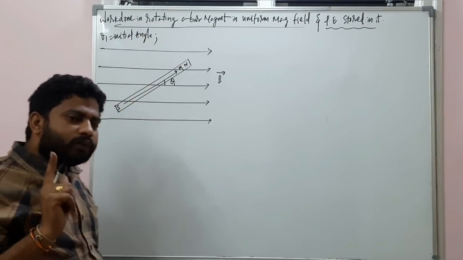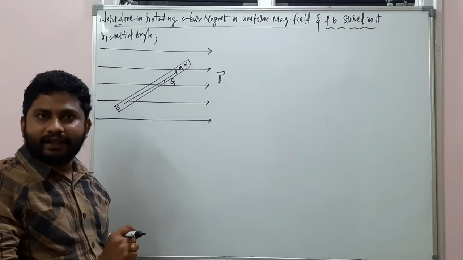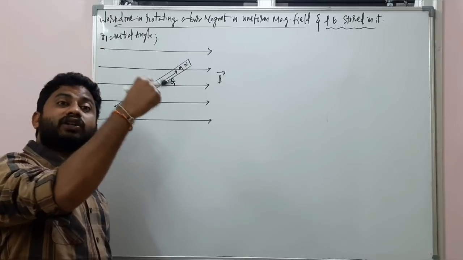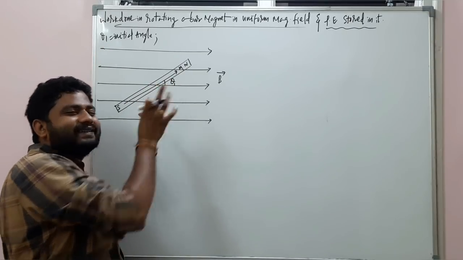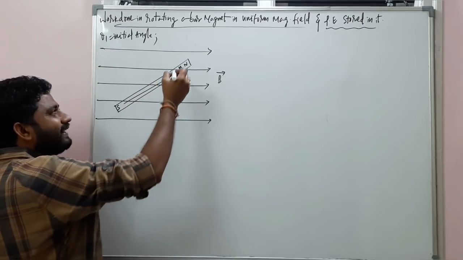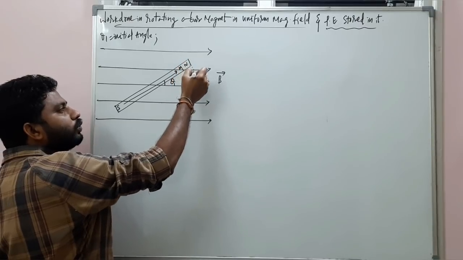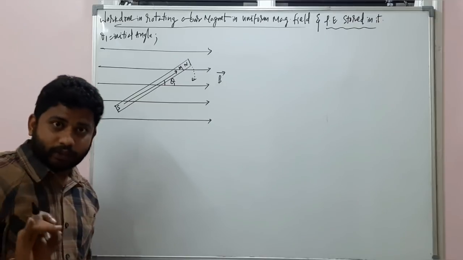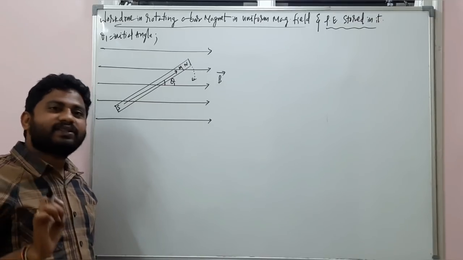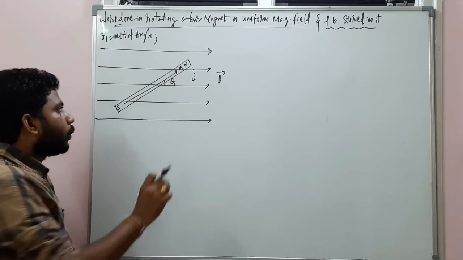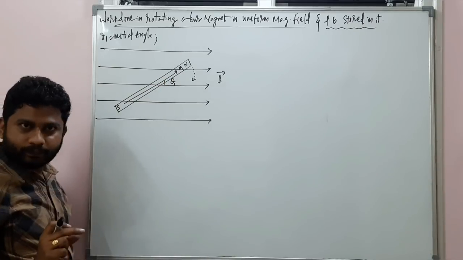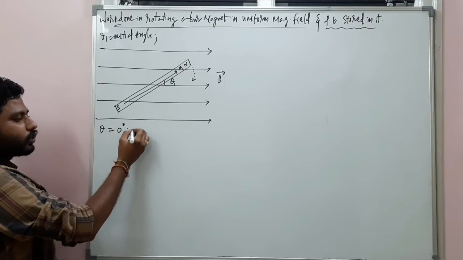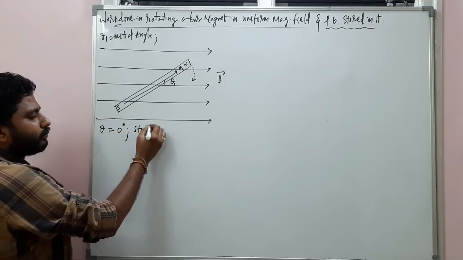What is the important point I had discussed in the previous slide? According to the torque experienced by this dipole, it will have the tendency to move and come to the stable equilibrium position. We know that. What is the stable equilibrium position? When theta is 0.